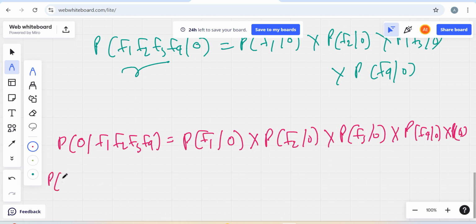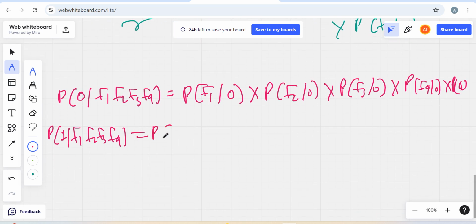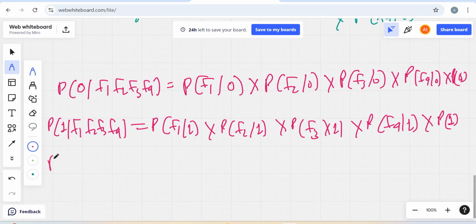Similarly, for probability of 1 given feature 1, feature 2, feature 3, feature 4, I can write like this: probability of feature 1 given 1 multiply probability of feature 2 given 1 multiply probability of feature 3 given 1 multiply probability of feature 4 given 1 multiply probability of 1. Here let's write the equation for 2.